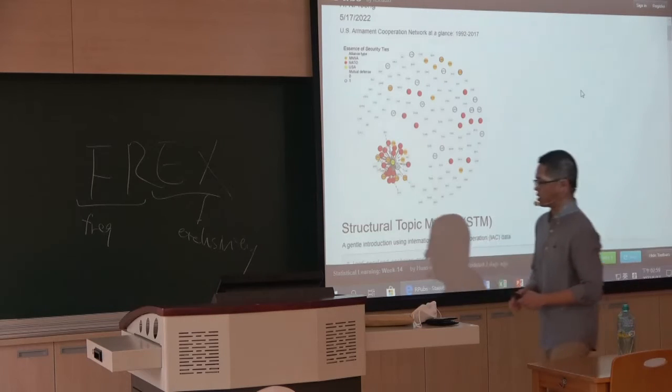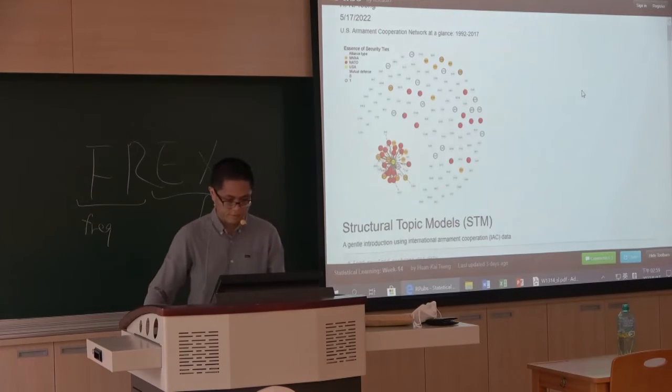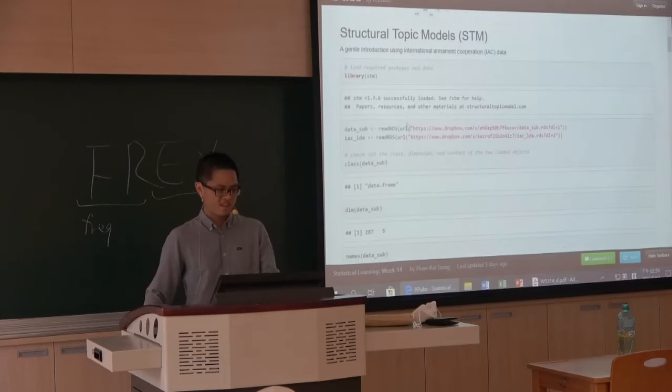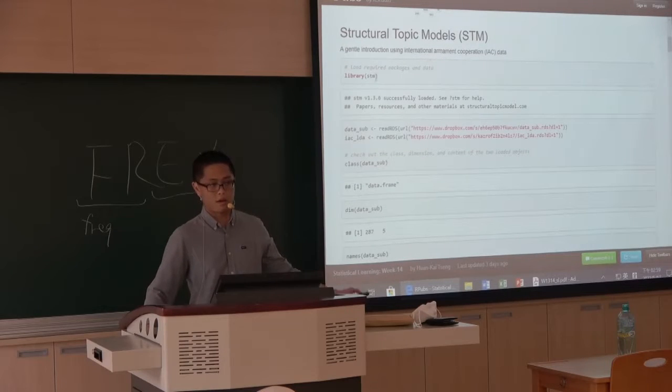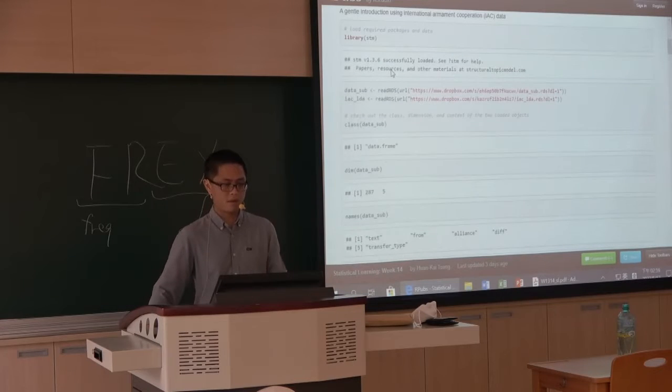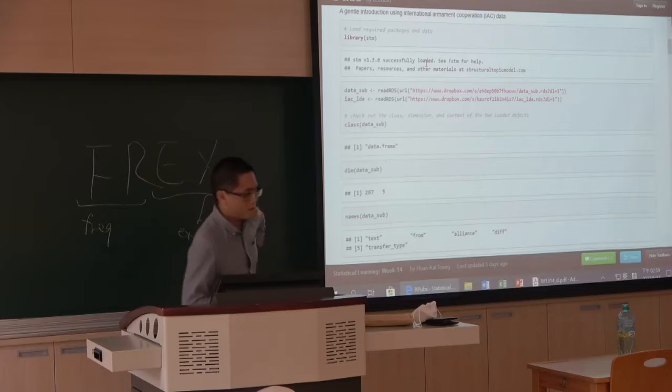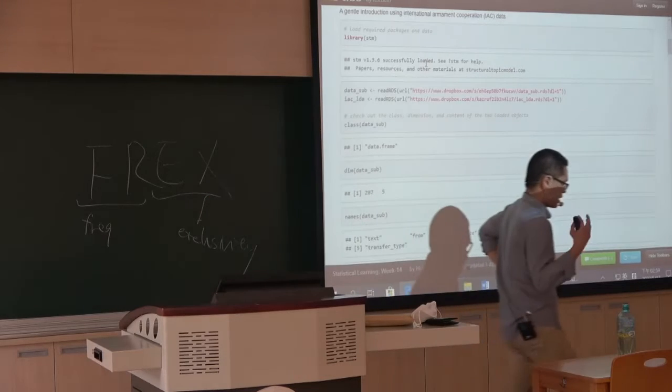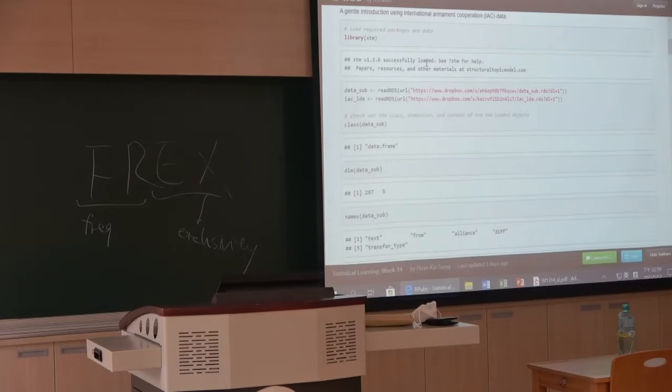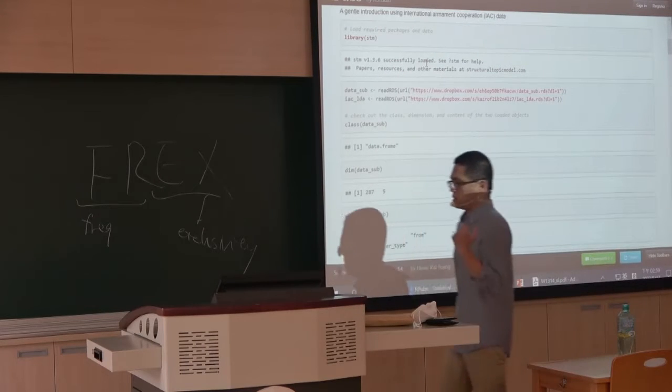So here's what I did. Before that, we need to load and require the STM package, and then we need to load the data. In order to feed the data into the text processor, which becomes the backbone of our STM analysis, we need a couple of things.